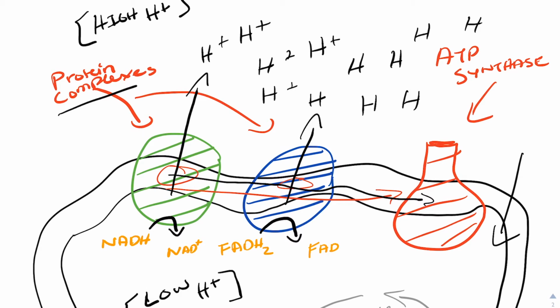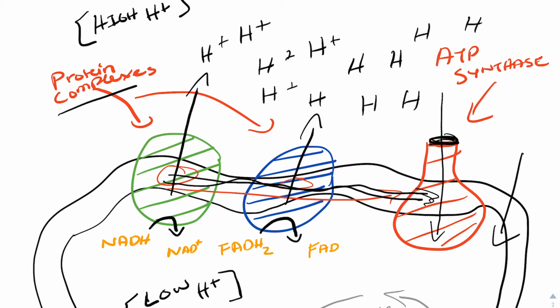So back to when these electrons were moving down the protein complexes, right? It triggers ATP synthase, which is just that, it synthesizes ATP, to open its gradient channel. And when it does so, since the channel can open, all these hydrogens can move down through it.